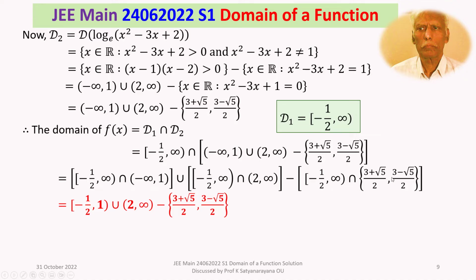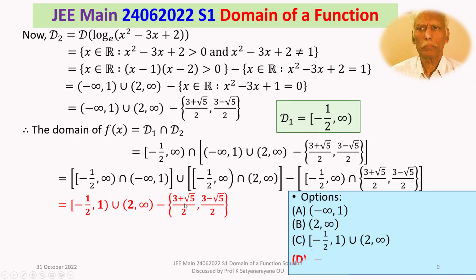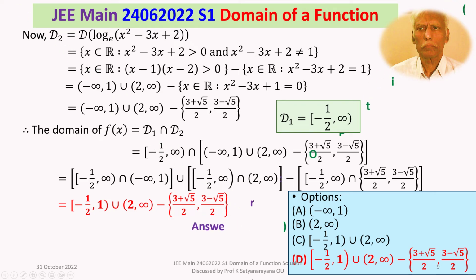So, therefore, the intersection is these 2 points. So, that is the domain of the given function f(x). And if you see the options, our answer is exactly option D. Therefore, the answer to this question is option D.